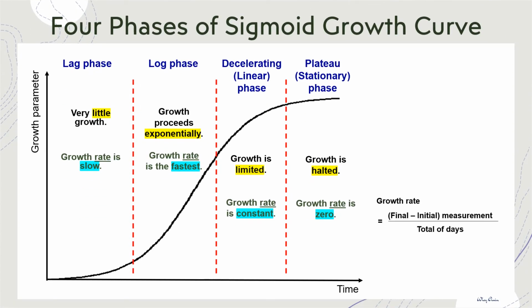Ada beberapa cara untuk kita menerangkan fasa sigmoid growth curve. Sama ada kita terangkan dari segi pertumbuhan dia, linear for the lag phase, exponentially for log phase, and decelerating phase show limited growth, and plateau phase show the growth is halted, telah berhenti.